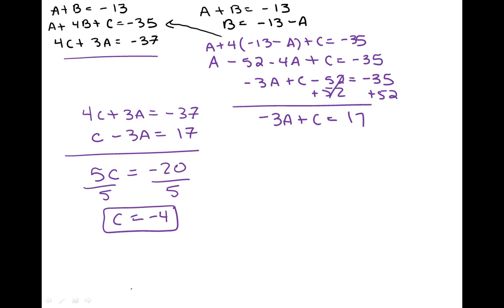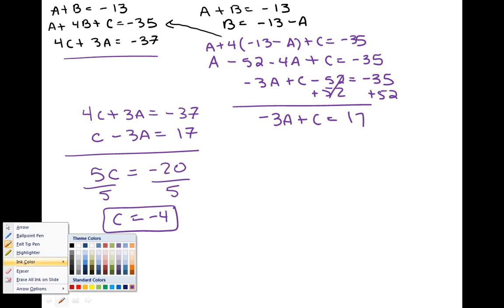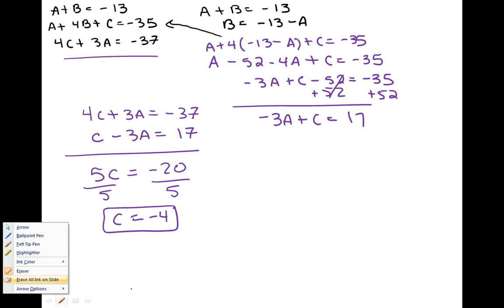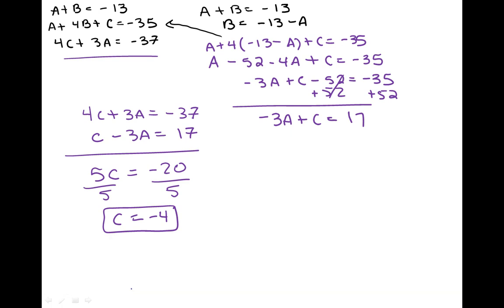Let's plug that back in. Let me get a different color. So c equals negative 4. We know that c minus 3a equals 17.